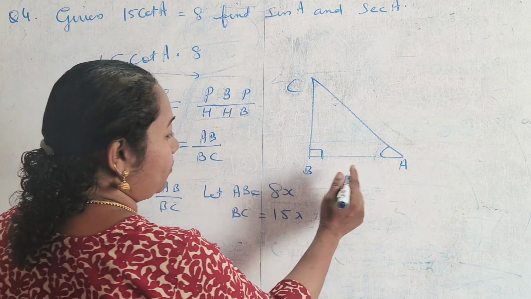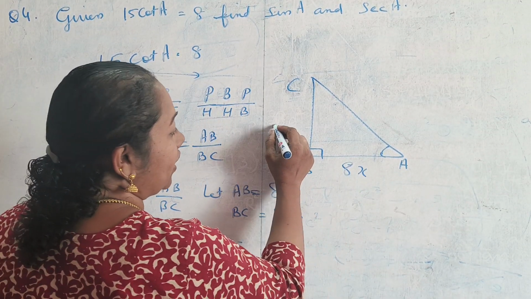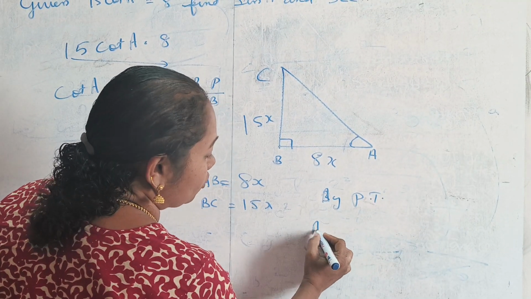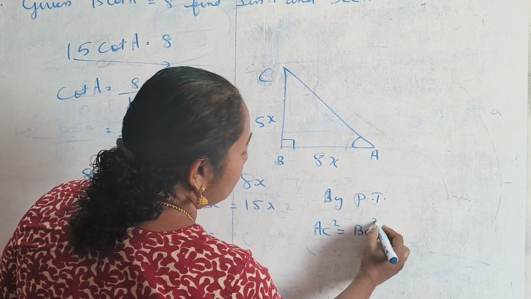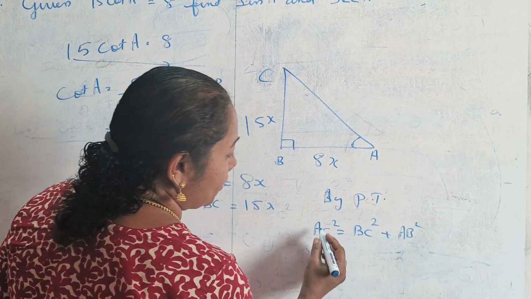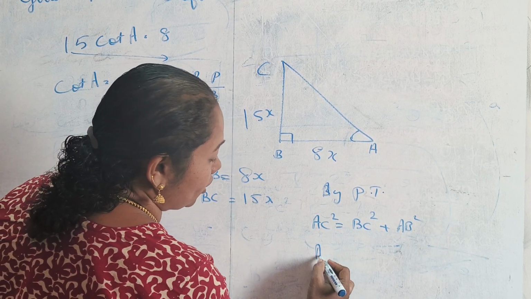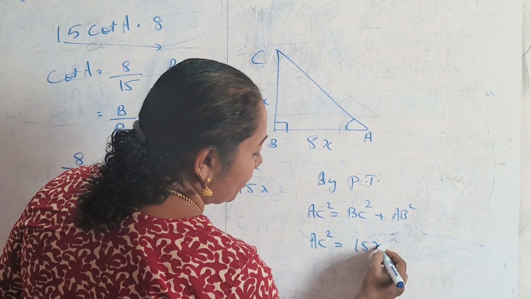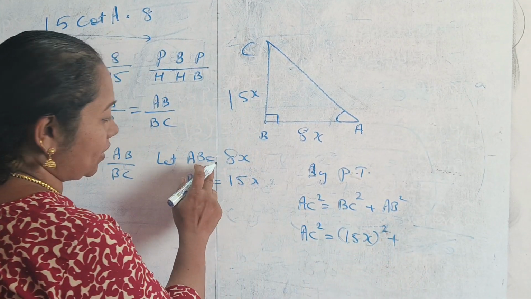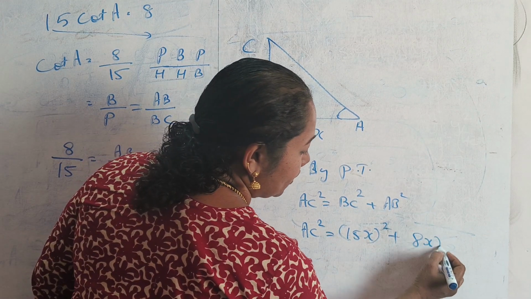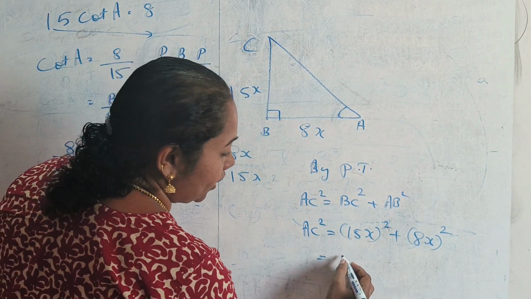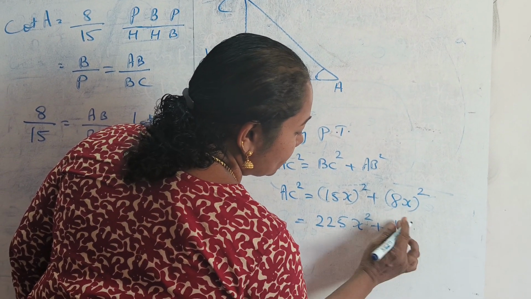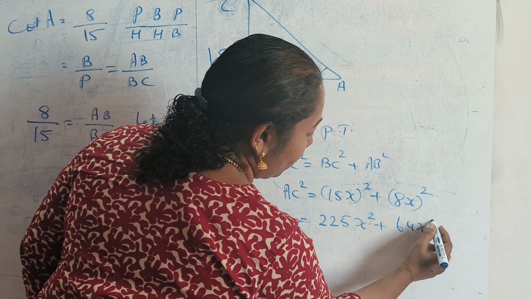So let us put the value of AB here and BC 15x here, and by Pythagoras theorem, AC squared equals BC squared plus AB squared. We don't know AC squared, so let us put AC squared as it is. BC is 15x, so 15x the whole squared plus AB squared, which is 8x the whole squared. 15 squared is 225x squared plus 8 squared is 64x squared.